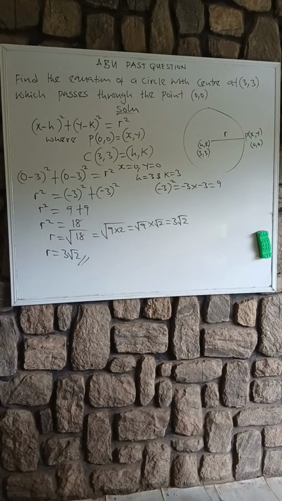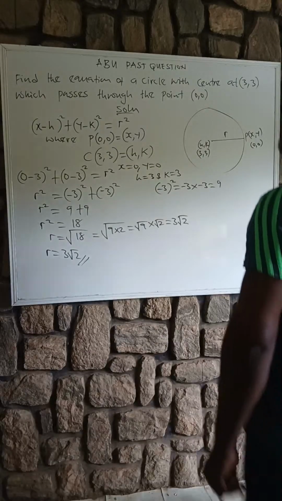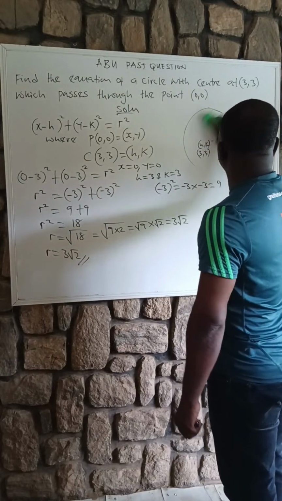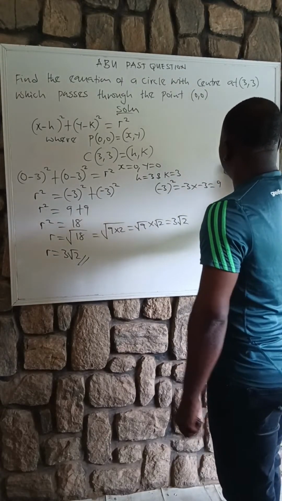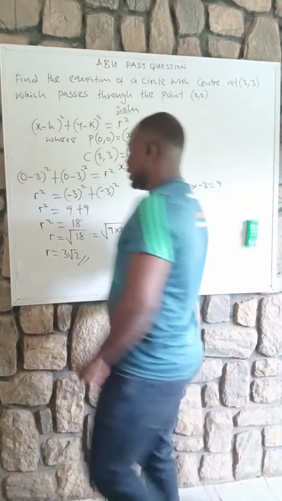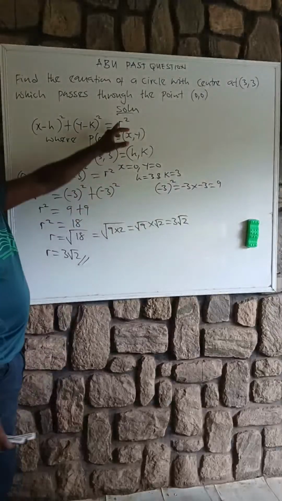Okay. So we can now go back to recall what we need to do here. For us to obtain the equation of a circle, let us come back here. We're able to obtain our radius.